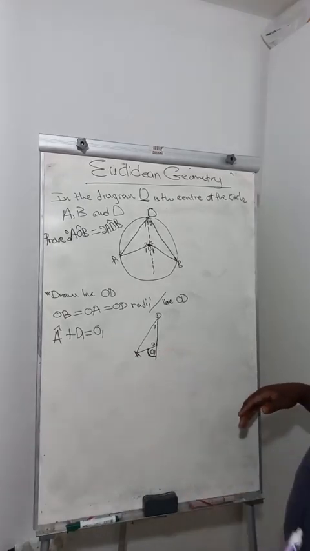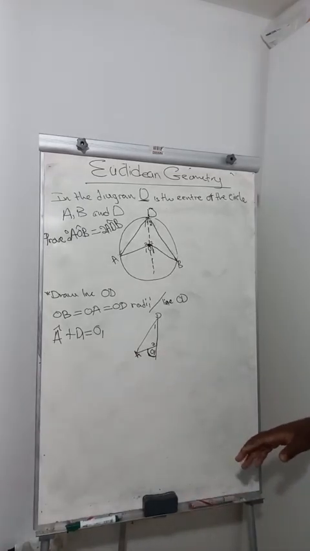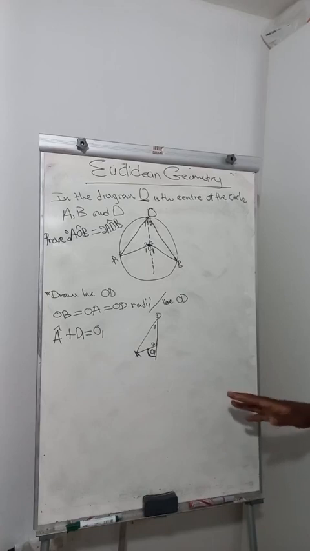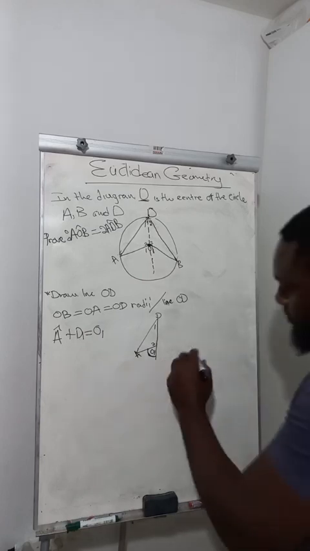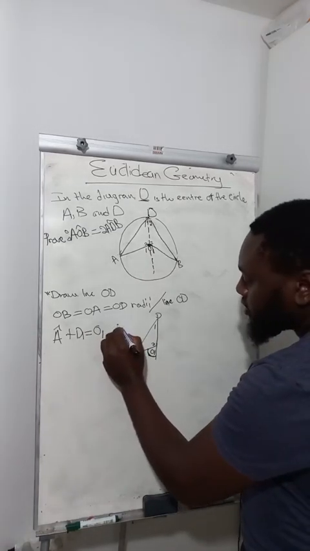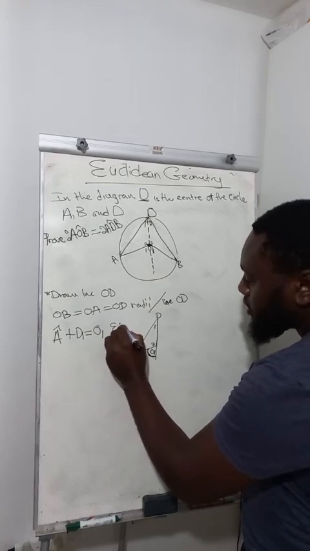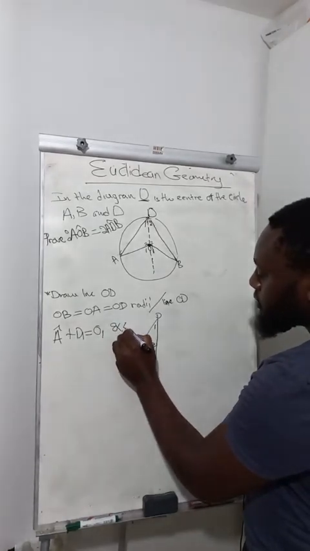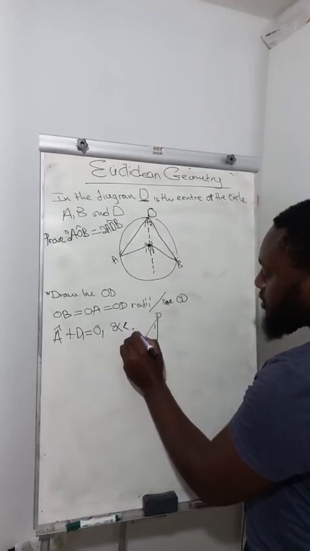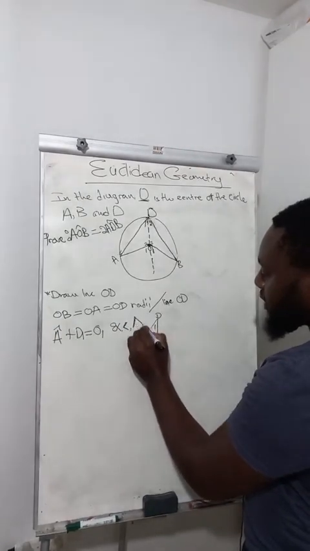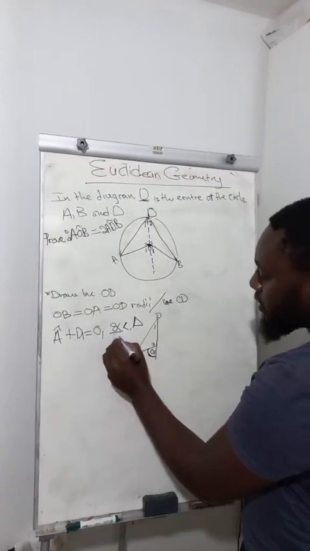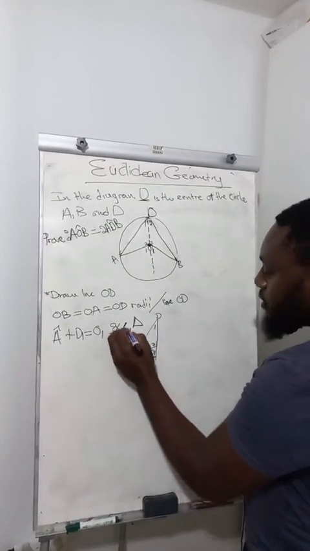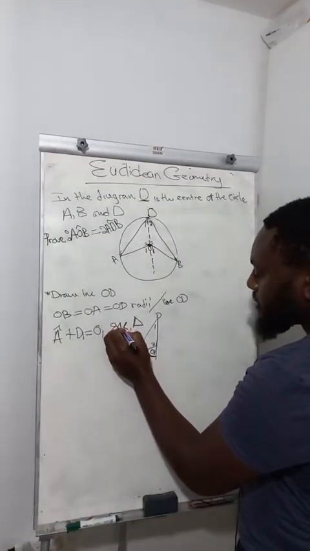The reason for that will be the exterior angle of a triangle. So EX just means exterior, or EXT in most cases you might get it like that.